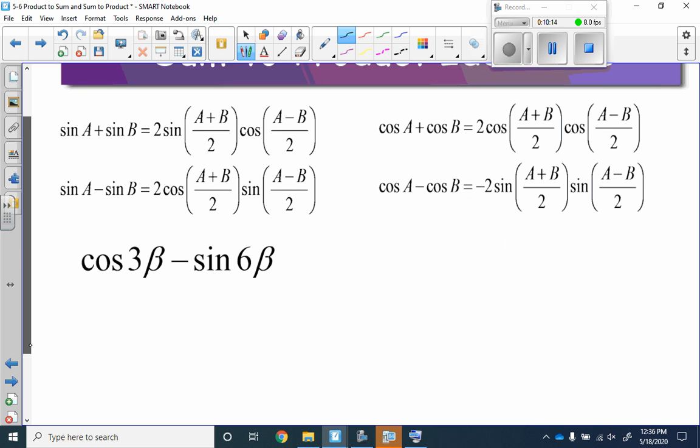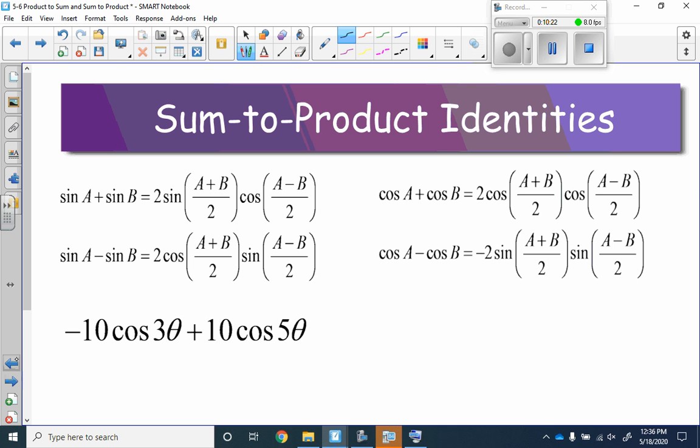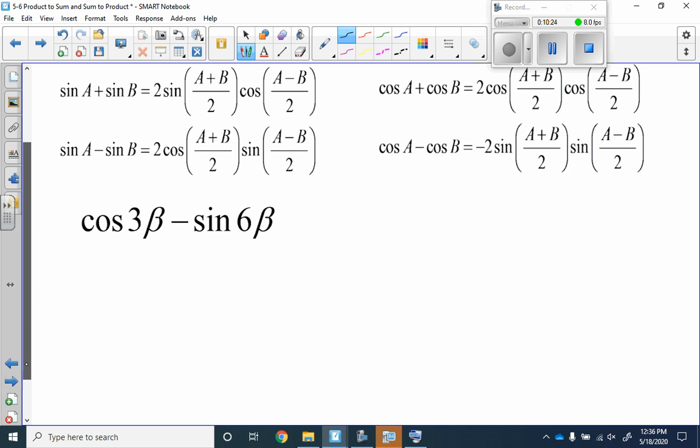Okay, here's a new variable, beta, so it's kind of like a little b. I'll do this one with you. Or if you want to pause it, by all means, go ahead and try and see if you can do it on your own. Cosine of 3 beta minus sine of 6 beta. Cosine minus sine.